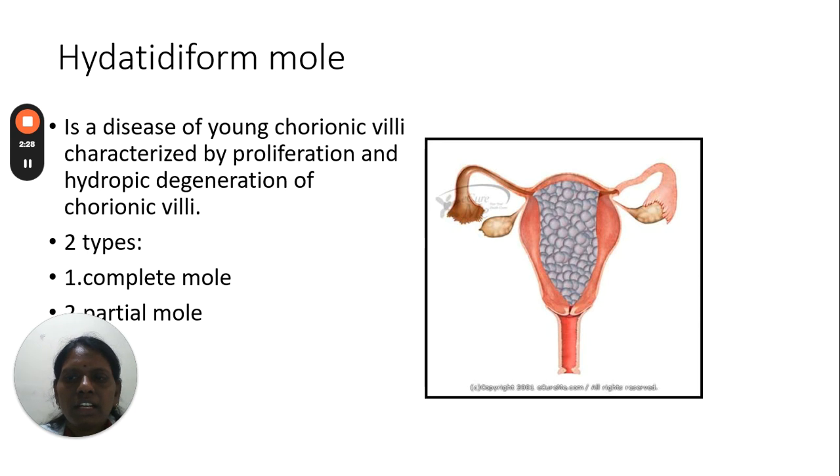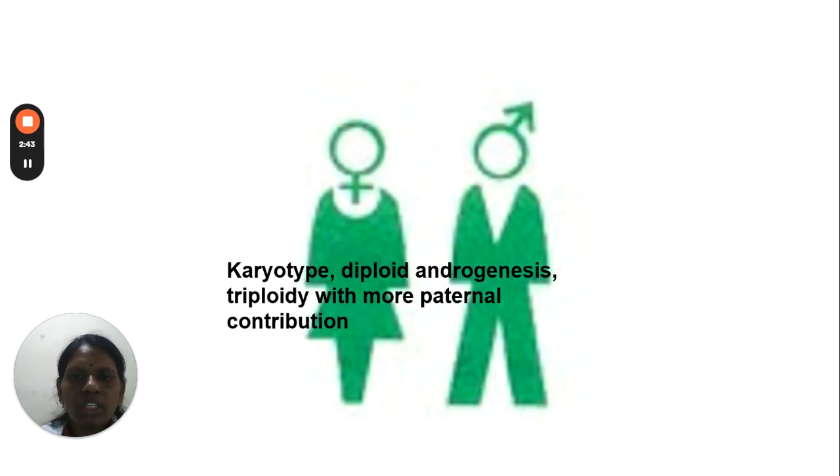In this, there is involvement of paternal and maternal chromosomes, but in complete mole only paternal androgenesis is there. So this is about the contribution of paternal and maternal chromosomes in complete mole and partial mole.